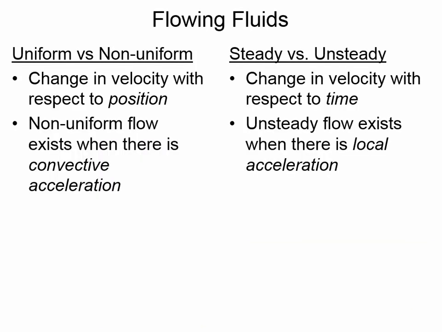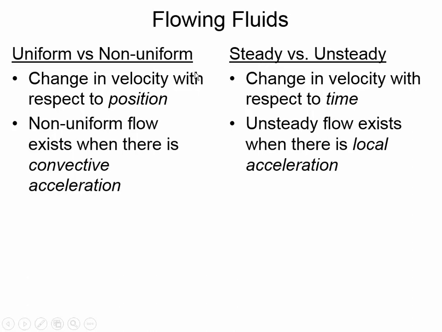Okay, so this is that same table that we had last time, except now I've added another bullet point. In the class on Sunday, there was only the first bullet point, because we had just barely started talking about the difference between these different flow types. So last time I said uniform versus non-uniform depends on position or location, and steady versus unsteady depends on time.